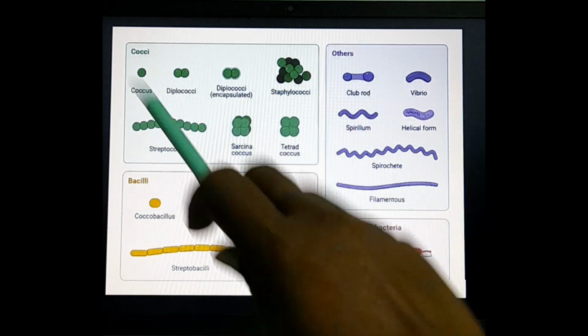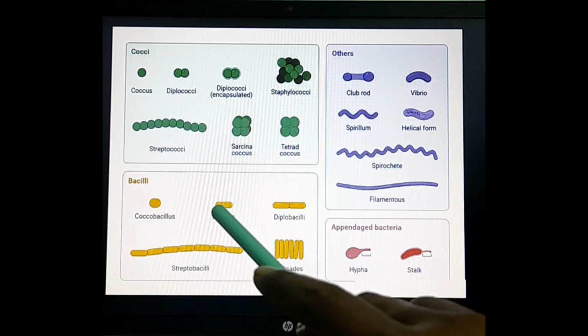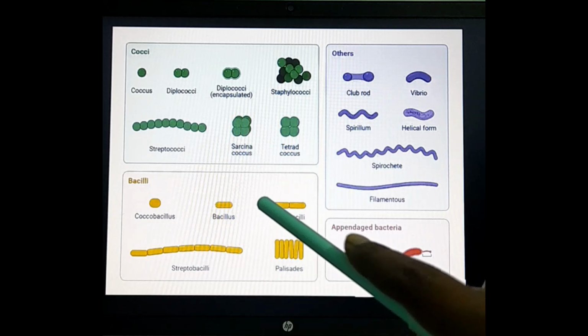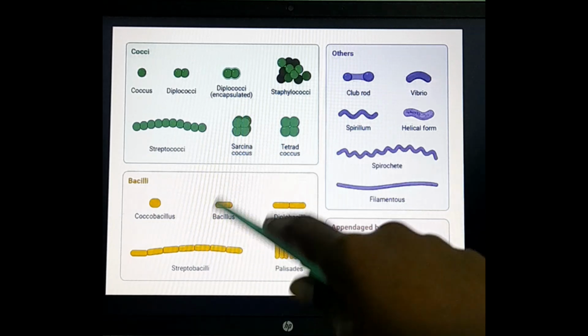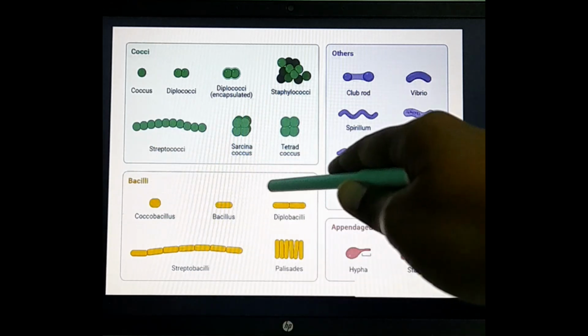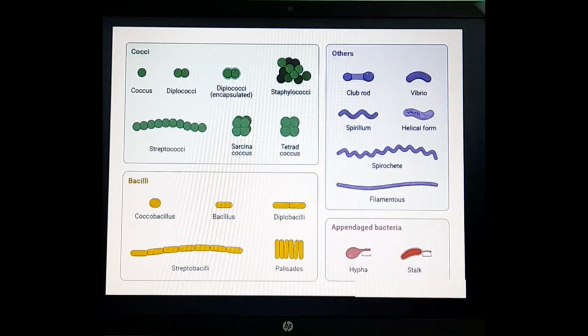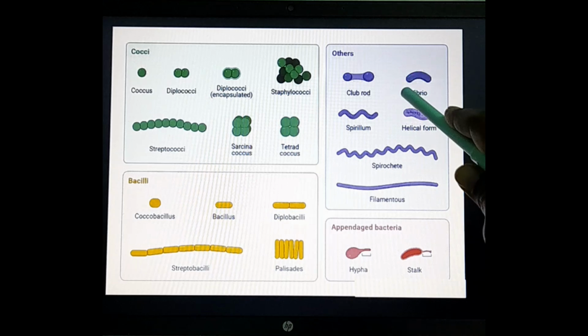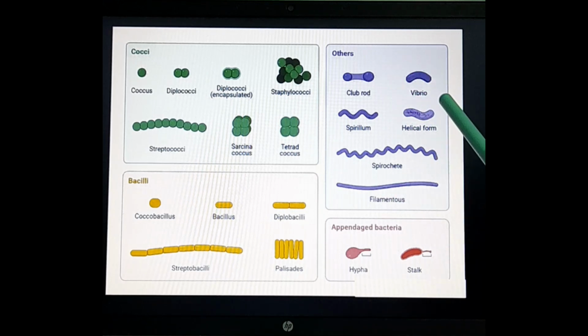Same as the bacilli. The term bacilli means rod shape. There is a single rod shape, double rod shape, multiple rod shape. There is a classification among the bacilli. Others are like the vibrio, comma shaped. The term vibrio means the comma shape.